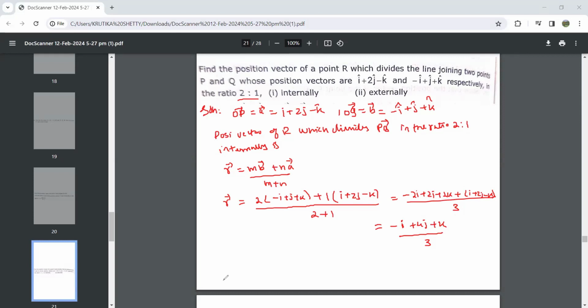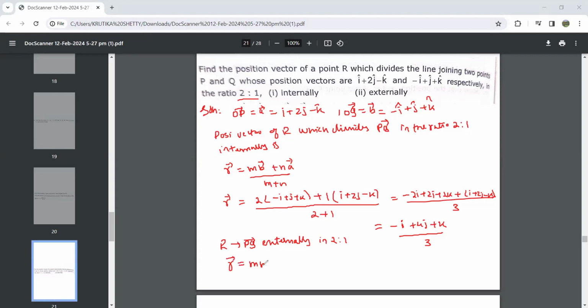Similarly, we need to calculate for external division. When the point R divides PQ externally in 2:1, we use the same formula but with a negative sign.